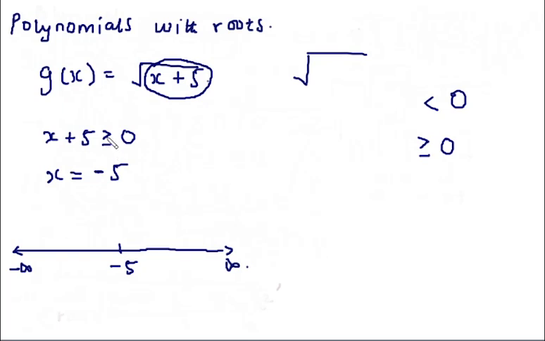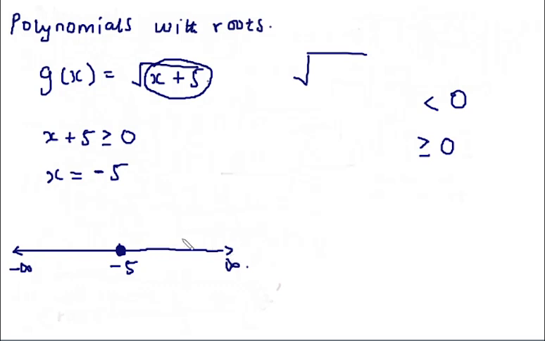Okay, so my inequality is greater than or equal to. So for greater than or equal to signs or less than or equal to signs, this point will be a closed point, meaning that this point includes minus 5.